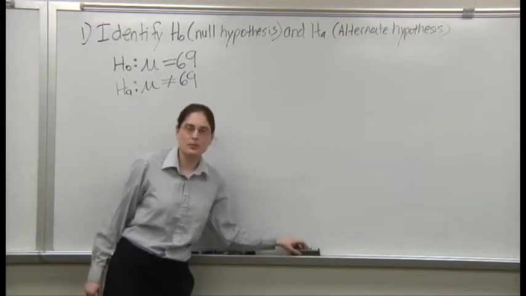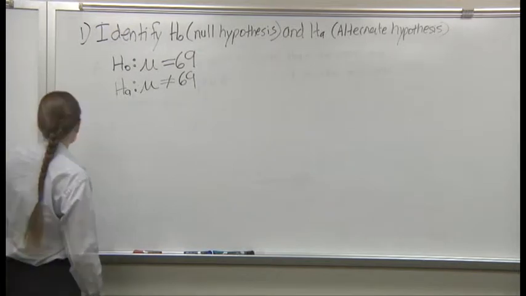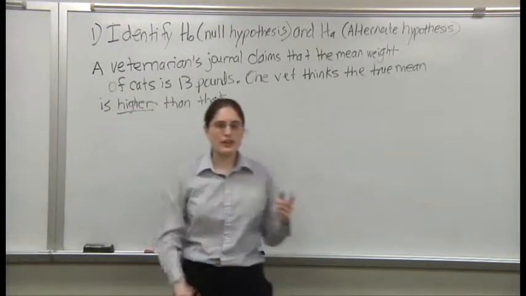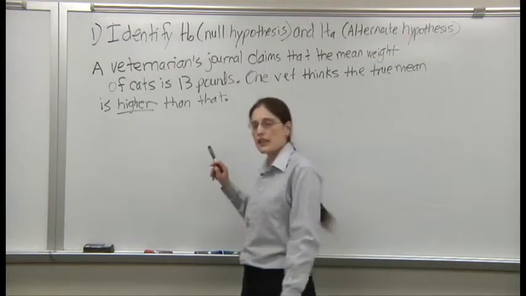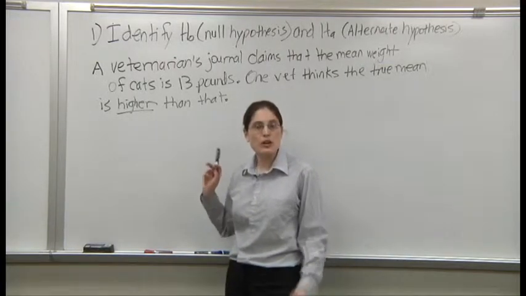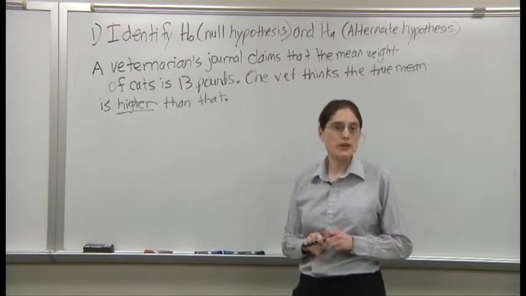Let's do another example of finding the null and alternate hypothesis. So, a veterinarian's journal claims that the mean weight of adult cats is 13 pounds. One vet thinks that the true mean is really more than 13 pounds.